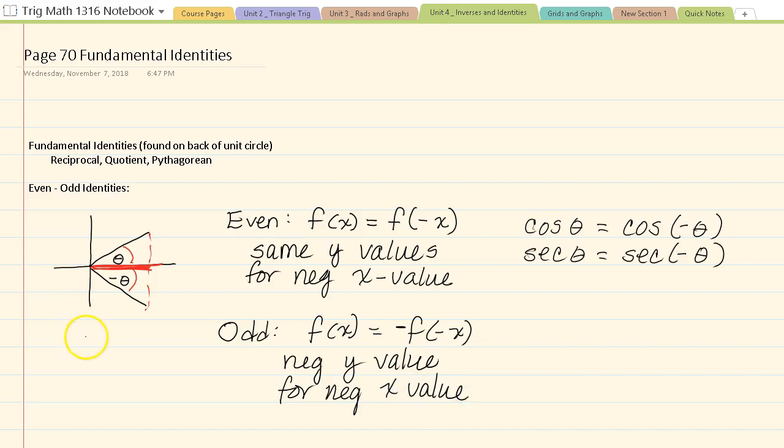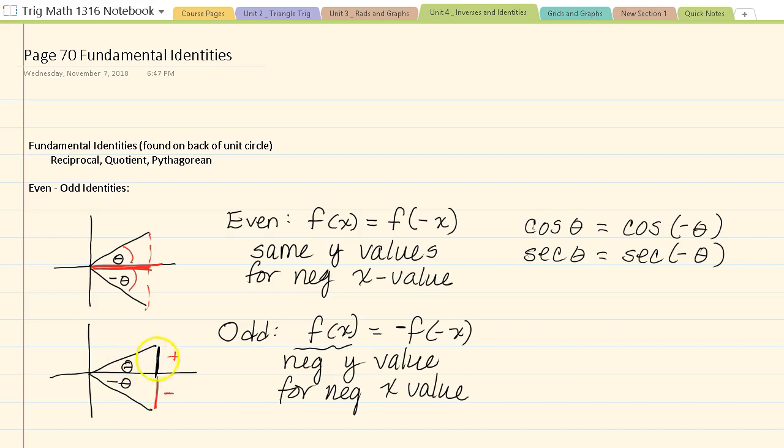Now, what does that mean graphically? Again, we're going to have our angle theta, and we notice that it's going to give me a positive value. And if I have a negative theta, it's going to give me a negative value. So we can see that we have one up here as a positive value, and the one down here is a negative value.